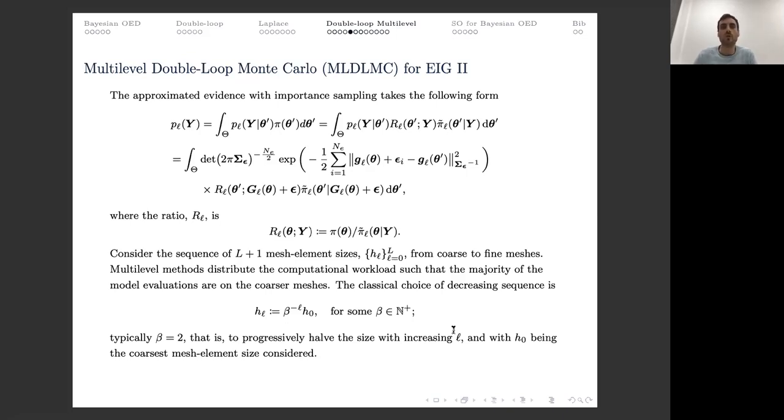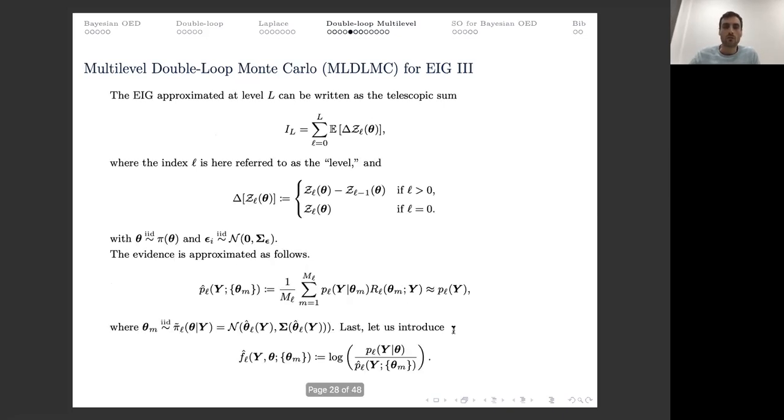Now we consider a sequence of L plus 1 meshes. These meshes have different sizes, h_L, and as we increase L the mesh gets finer and finer. Usually we use a geometric sequence with a factor of 2, so we refine the mesh by a factor of 2. As shown in the last expression, h_L is equal to beta to the minus L times h_0, and beta is usually 2.